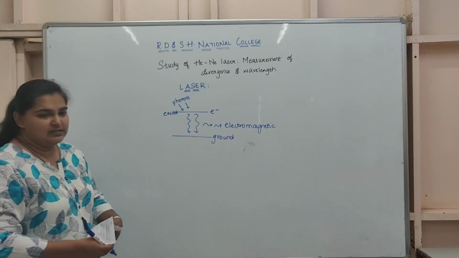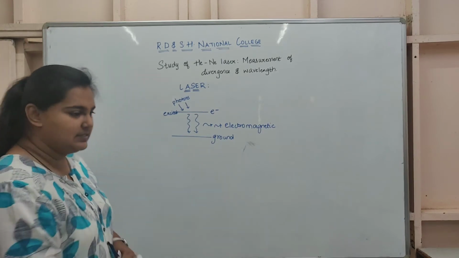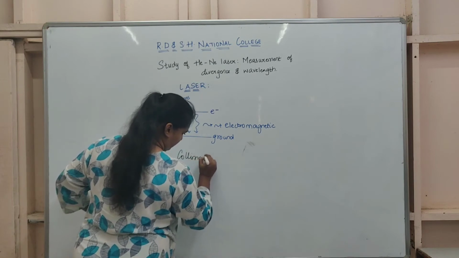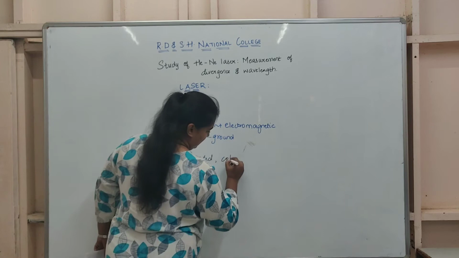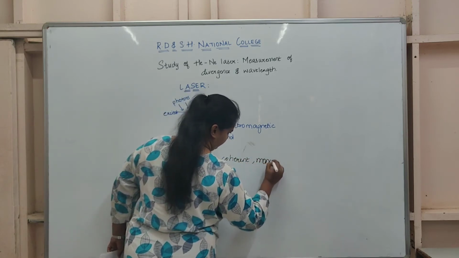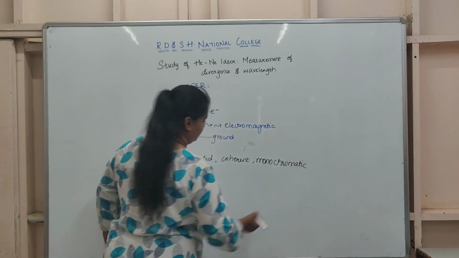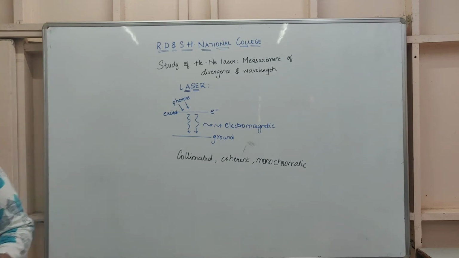Now, as we all know, the basic properties of a laser are: a laser is a collimated beam. It is a highly coherent and monochromatic source of light. Because of being highly coherent and monochromatic, the divergence is negligible.